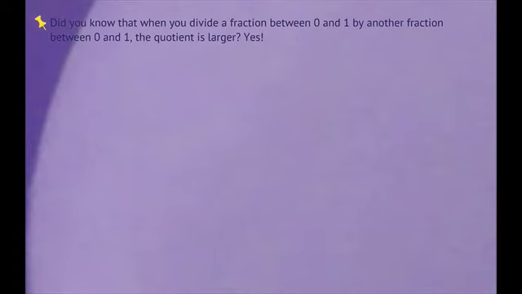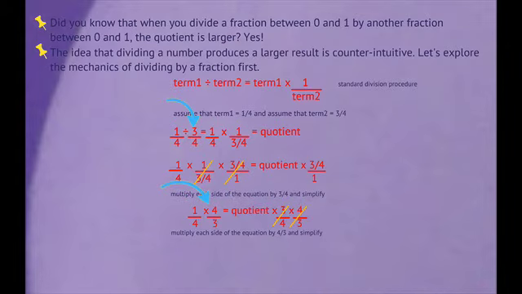Did you know that when you divide a fraction between 0 and 1 by another fraction between 0 and 1, the quotient is larger? The idea that dividing a number produces a larger result is counterintuitive. Let's explore the mechanics of dividing by a fraction first. So the standard division procedure is term 1 divided by term 2 equals term 1 times 1 over term 2.